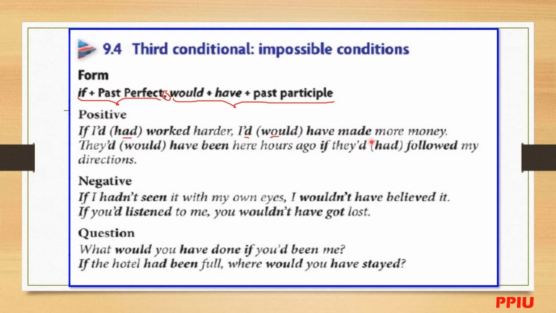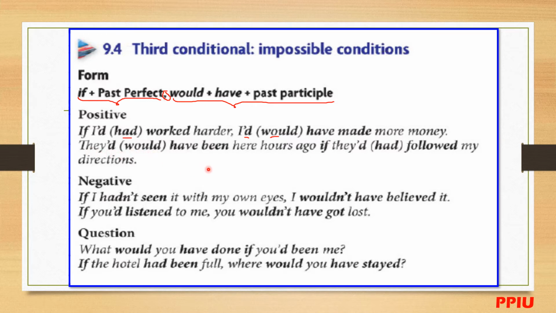That's why he or she did not make more money in here. Move to the second example, and then I'm going to speak in Khmer and explain from this part, before we move to the negative form.